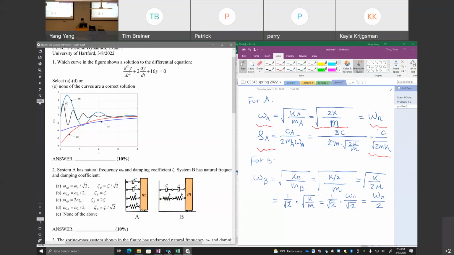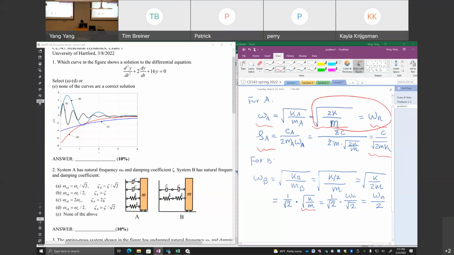Does this make sense? The relation between square root of K over M and omega n is based on the relation given above. So we should be able to tell the relationship between omega B and omega n.